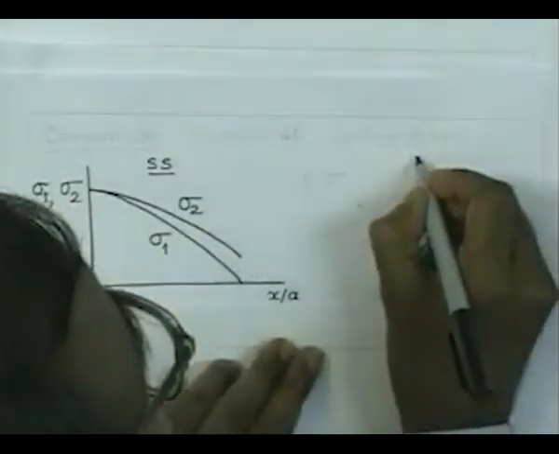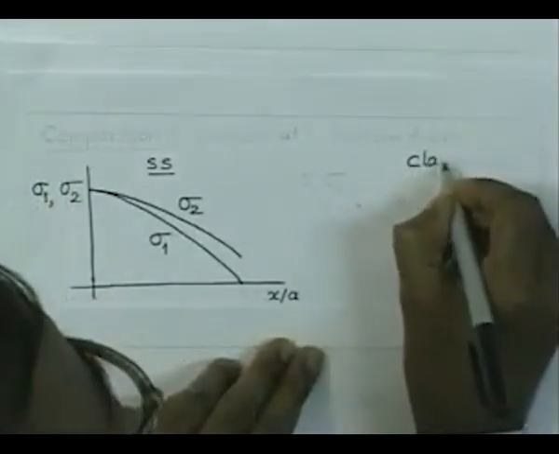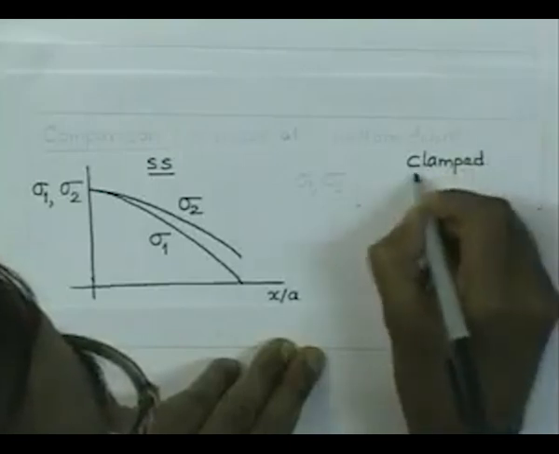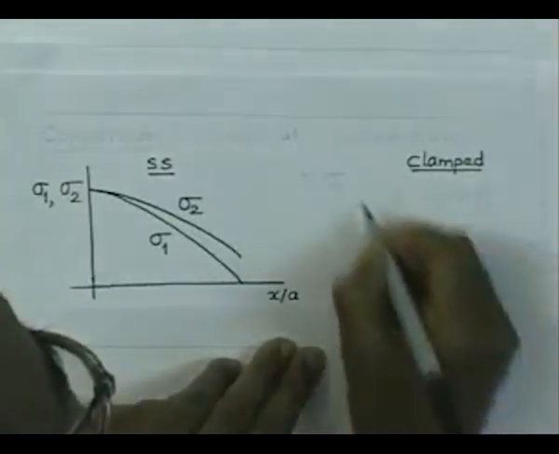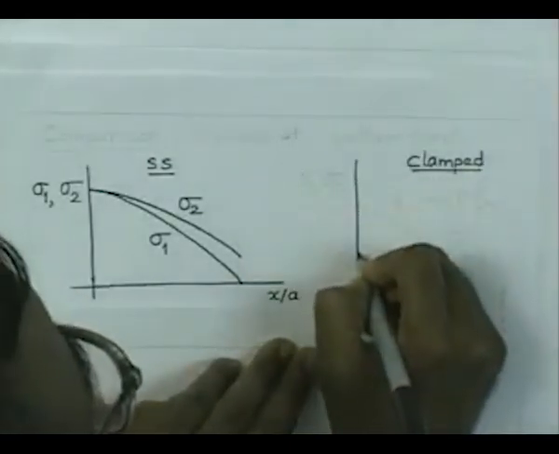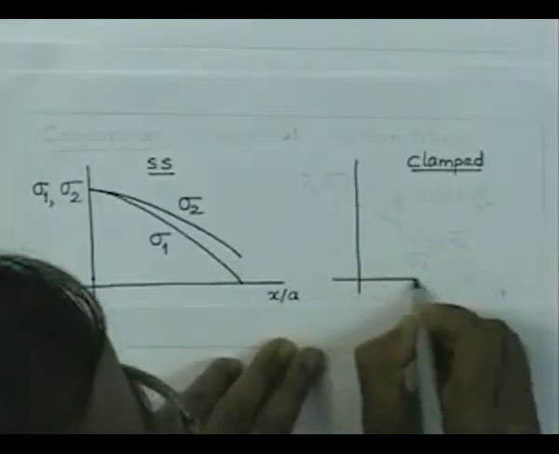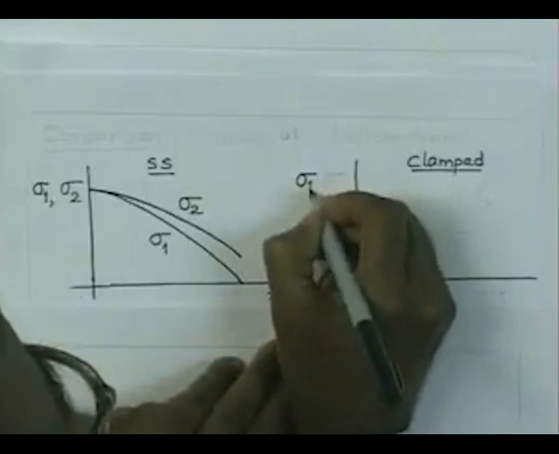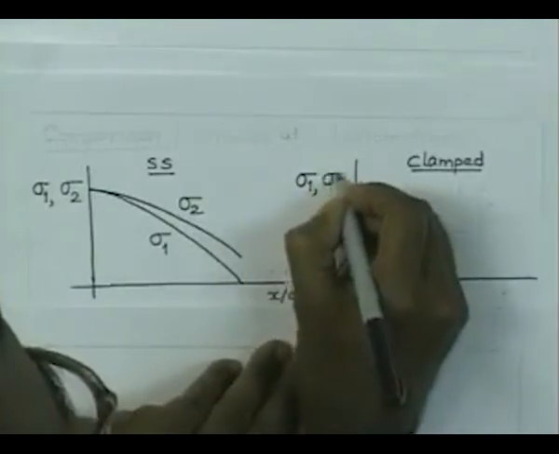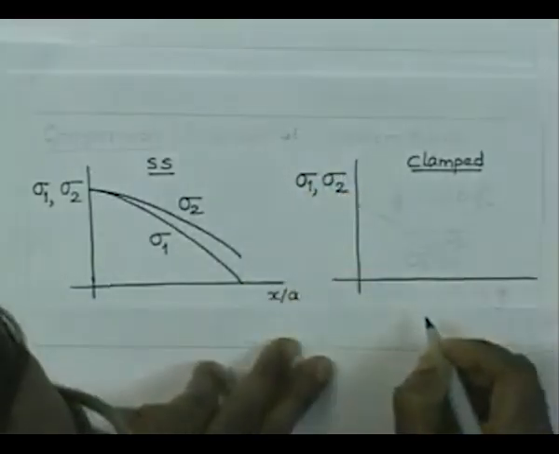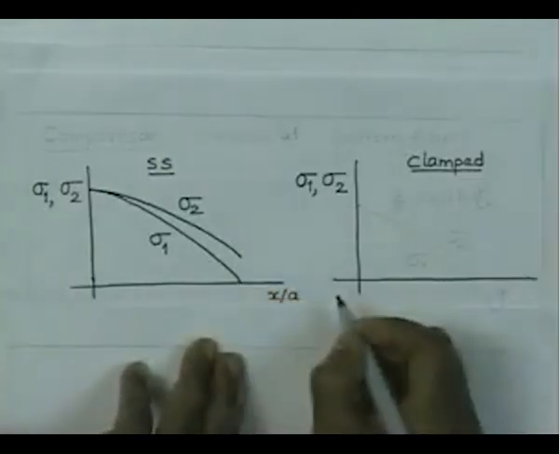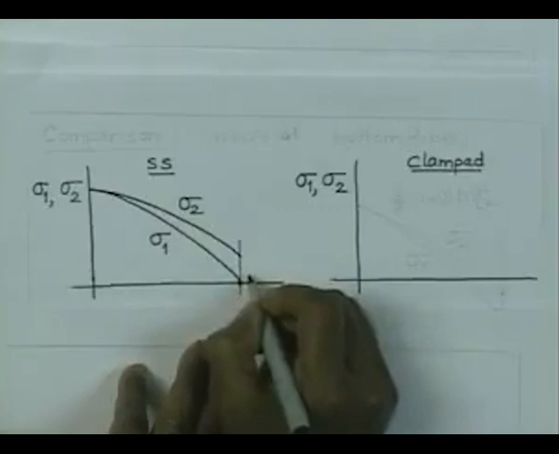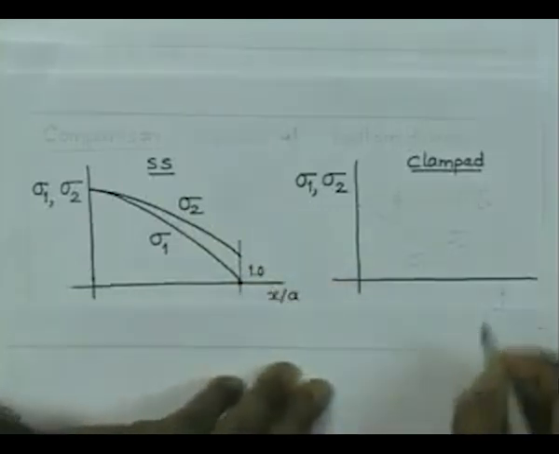Similarly, for the case of clamped plate, this is the extreme outer radius, so the ratio is unity here.